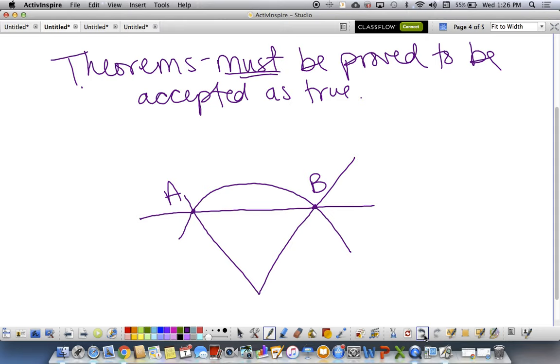Point A and point B. You have a thought in your head. All right, hold up a finger. 1, 2, 3, 4, 5. I love that there are different numbers being held up.